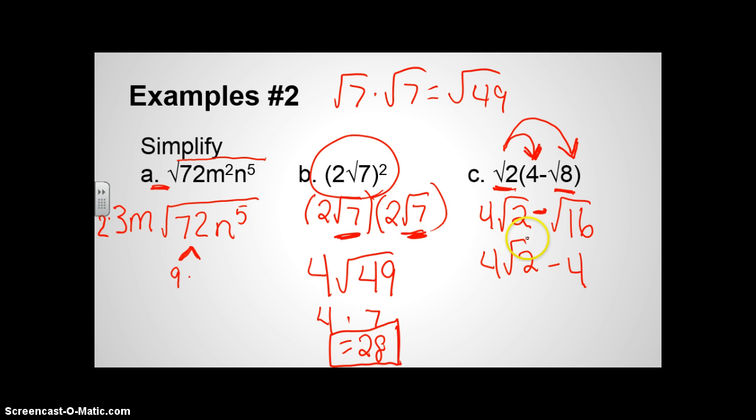Now, is the square root of 2 a perfect number? No, it's not.